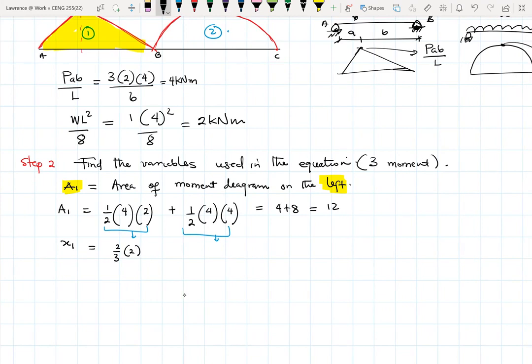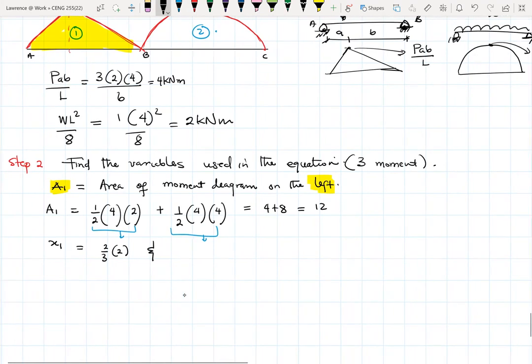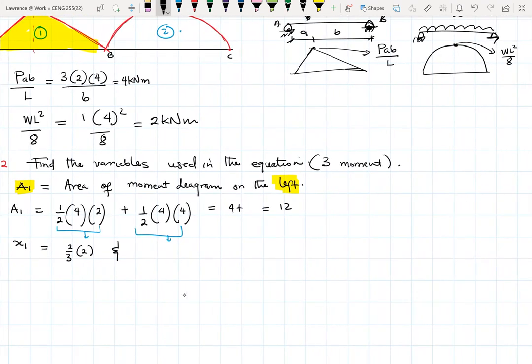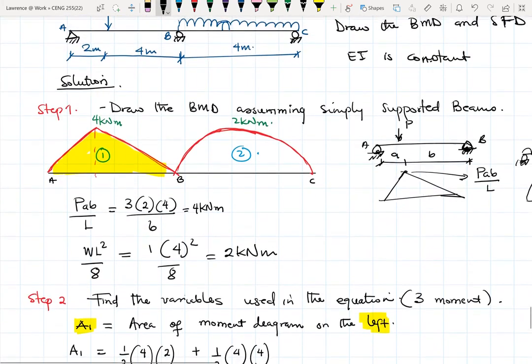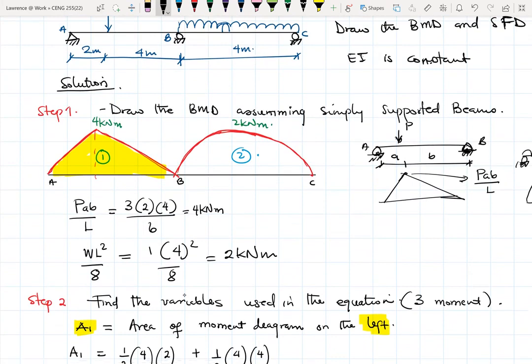Then for the second part of the triangle, it becomes 1/3 of the base 4 plus 2, because again, it's moment about A. So you find this here, then you find that here too.